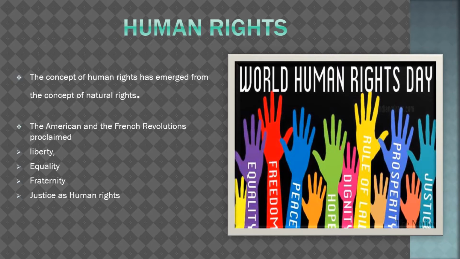After that, several European nations adopted democratic constitutions and governments. This brought limits on the authority of the state. The main responsibility of the state came to be understood as the protection of citizens' rights.